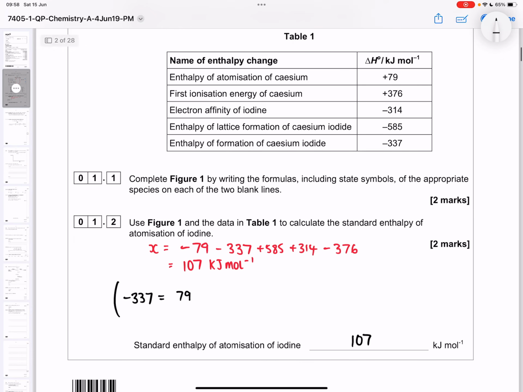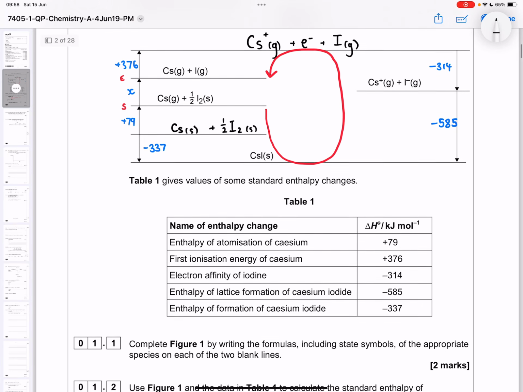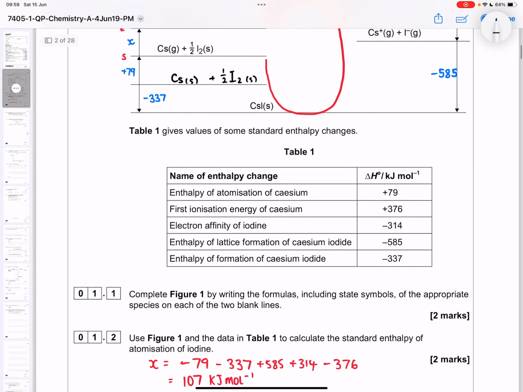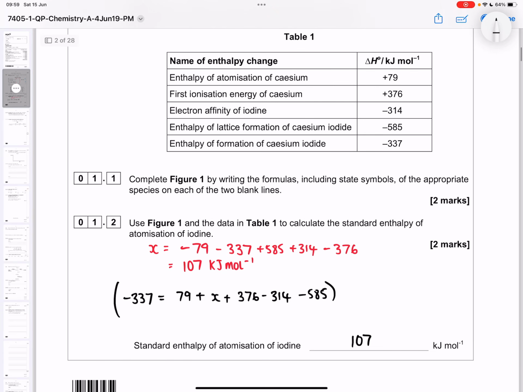So 79 plus X plus 376 minus 314 minus 585. And if you type that into your calculator and rearrange, you will get the same answer. So either method works. You choose whichever one you are happy with.